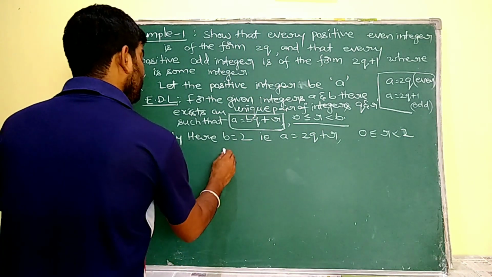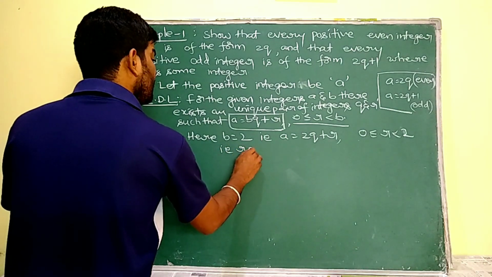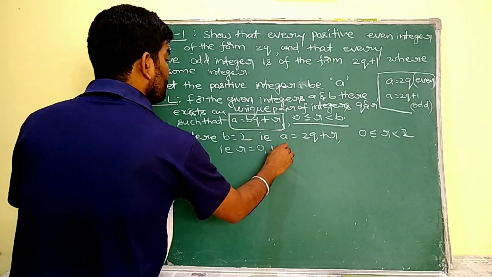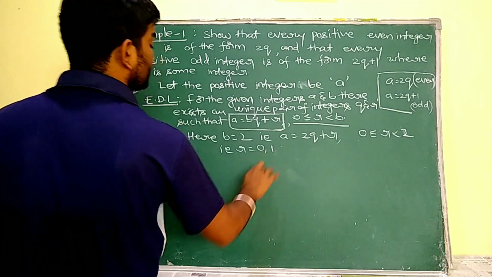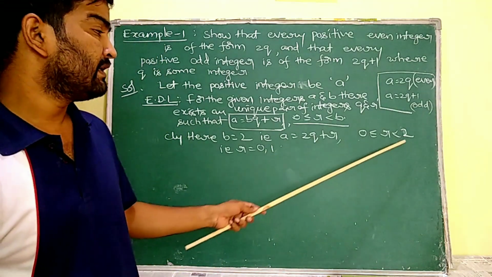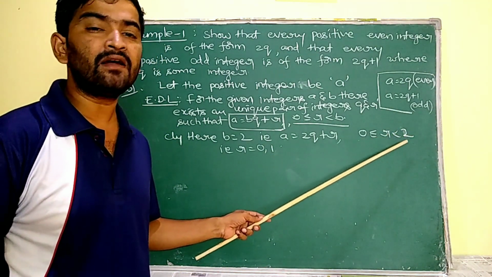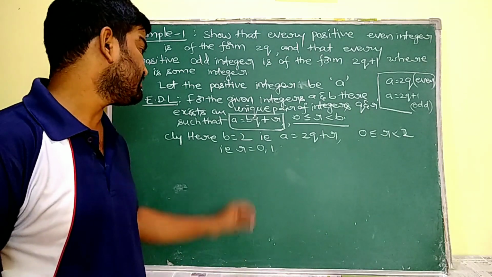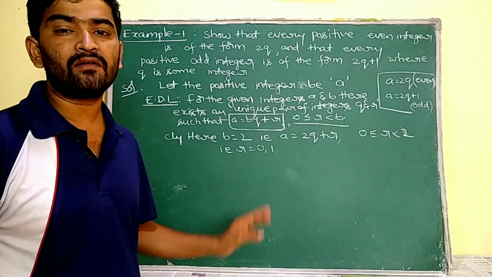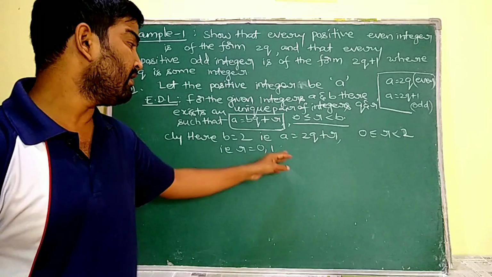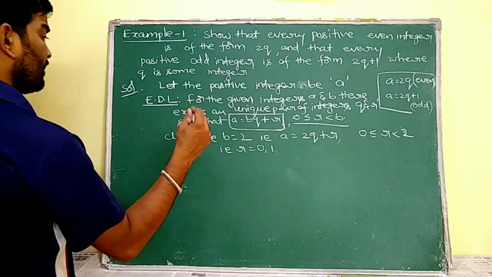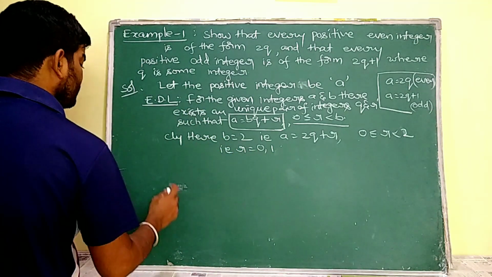That is, the r values are 0 and 1, that's it. We know r is always less than b. Here b is 2, so the r values may be 0 or 1. Understand? These are the two different cases.